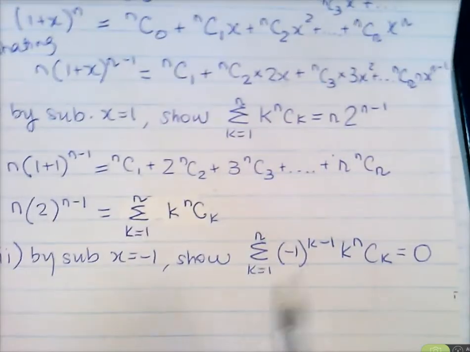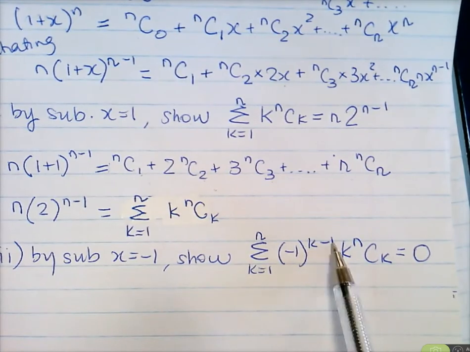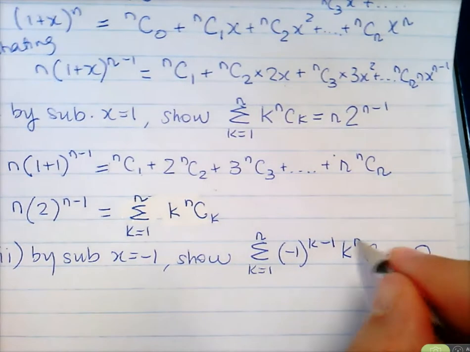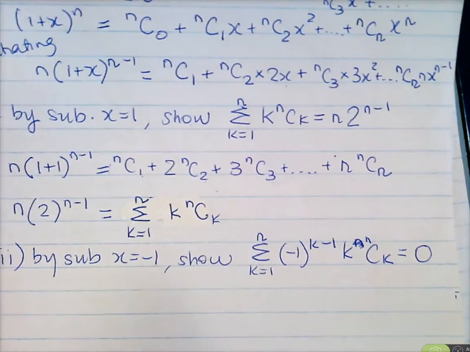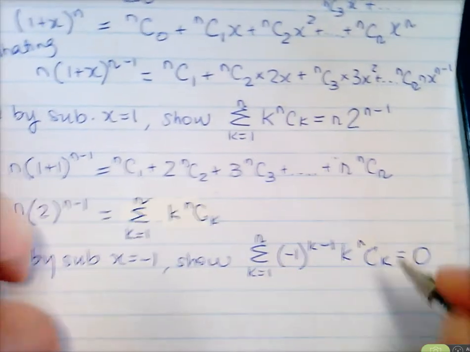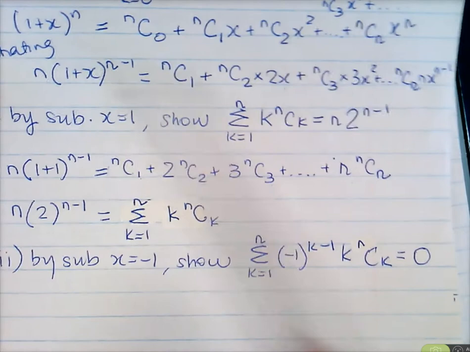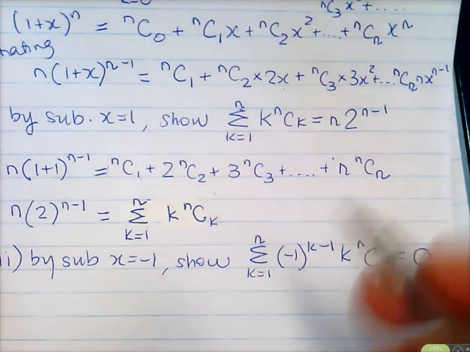So we have to show that this all equals 0. So we're substituting x is -1 into the differentiated expression.